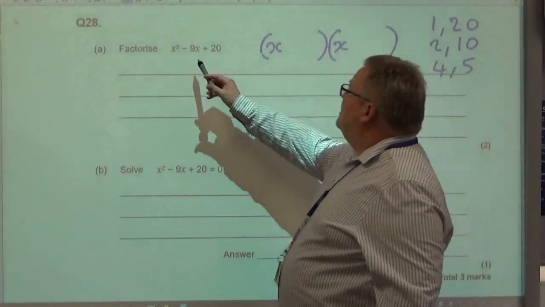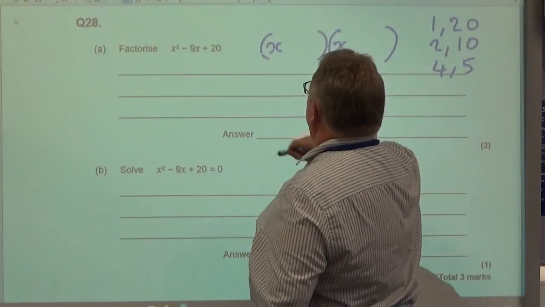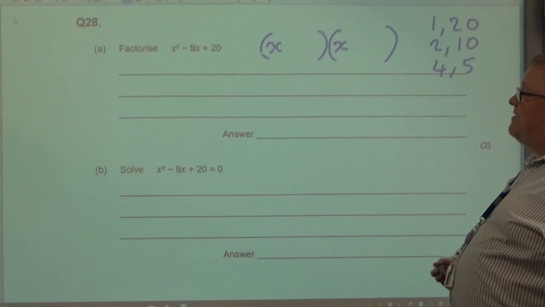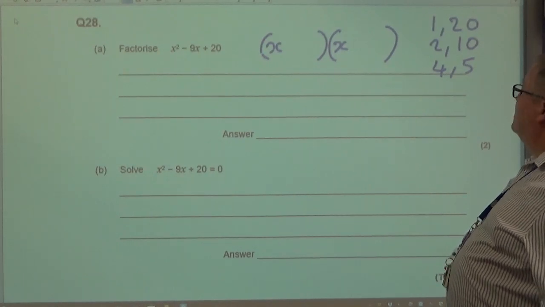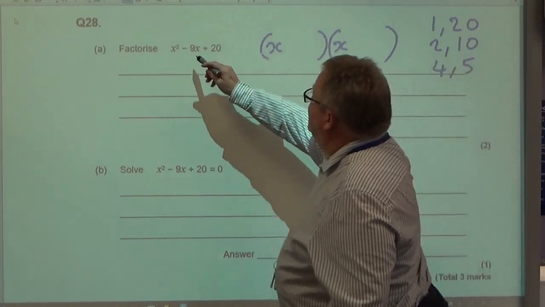But when those two numbers multiply together, they'll give the end number. So to get a positive 20, it's going to have to be two negative numbers that multiply together, and then add up to negative 9.